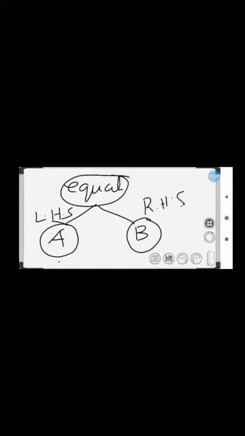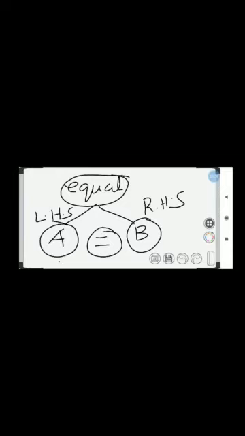We equate the two expressions using the equal symbol, so that is called A equal to B.